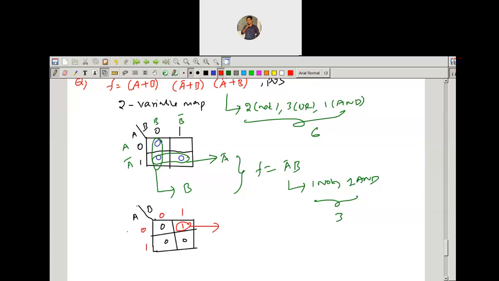Since I'm talking about SOP, I'll represent 0 with A bar and 1 with A. On the left side you have a 0, A value 0, so it is A bar. On the top side you have B. So A bar B. Both are the same or not? Whether you do it in SOP or POS, you are going to get the same expression. So there is no change in the functionality. Functionality is going to be the same.